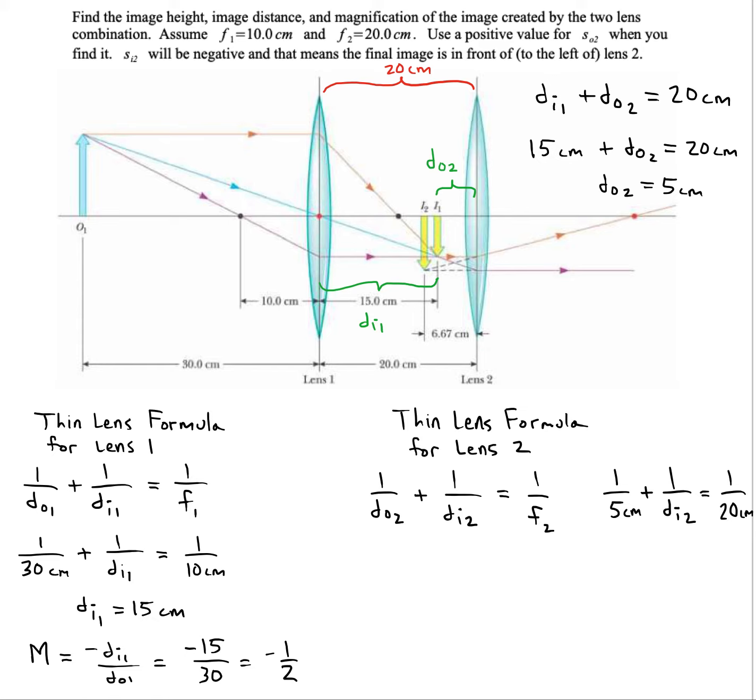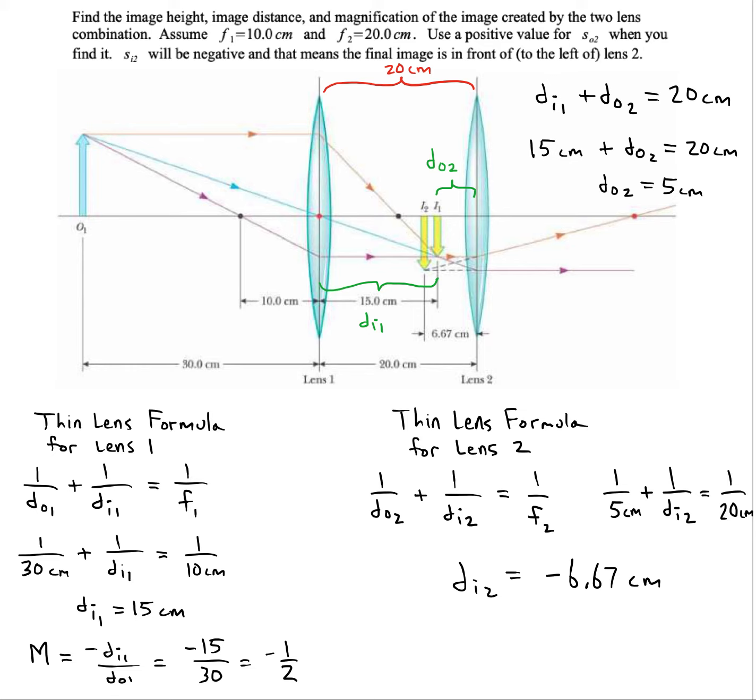Solve that for di2, and we get negative 6.67 centimeters.